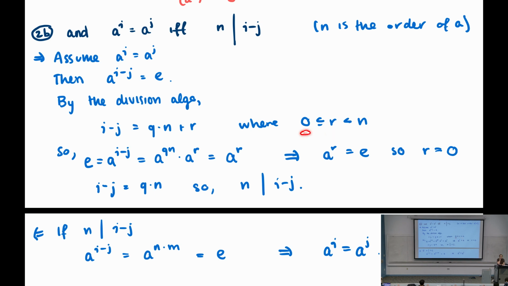Or it could be 0, so it's forced to be 0. Does that make sense? Other questions? But n is the least positive integer that has this. No, because 0 isn't positive.